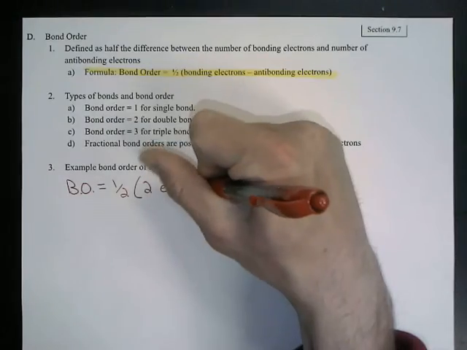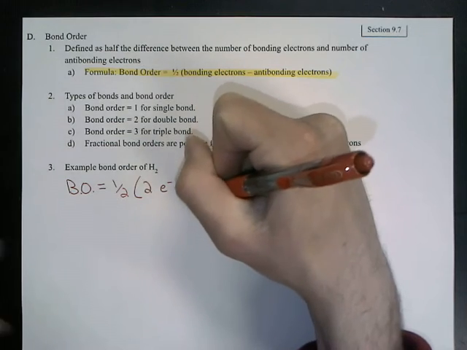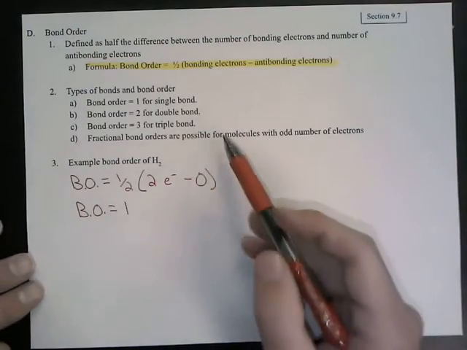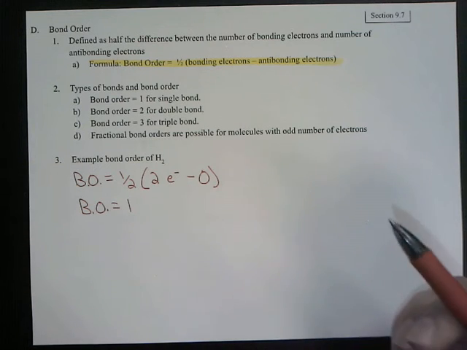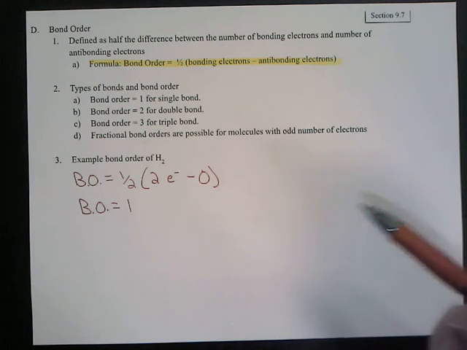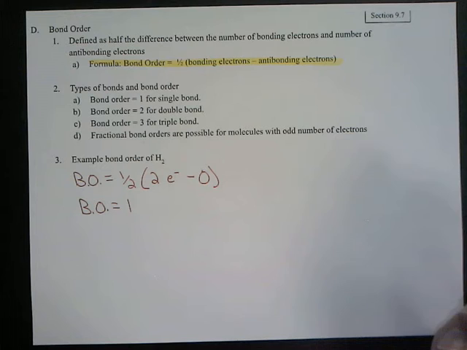The answer is no, so we have 0. And so the bond order would be equal to 1, which holds true for our little cheat sheet here. Now, if we had odd electrons in our bonds, yes, we could have a fraction or something with a decimal for our bond order. That's a rare case. We'll deal with it on a case-by-case basis.